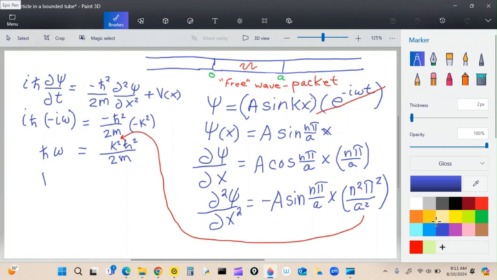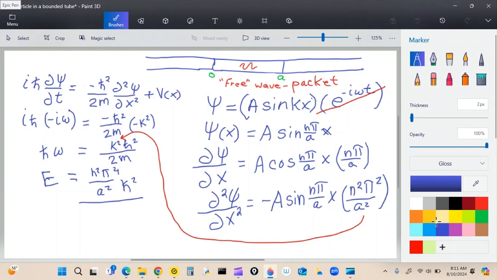So the energy, how about let's just put energy, because h bar omega is equal to energy. The energy is going to be, let's plug in for the k squared. I'll put it in parentheses so you don't lose sight of it. n squared pi squared over a squared, all that over the denominator, h bar squared.